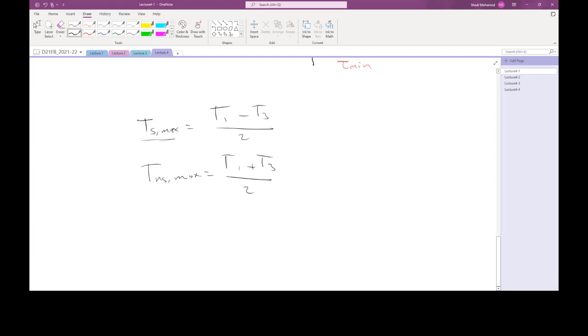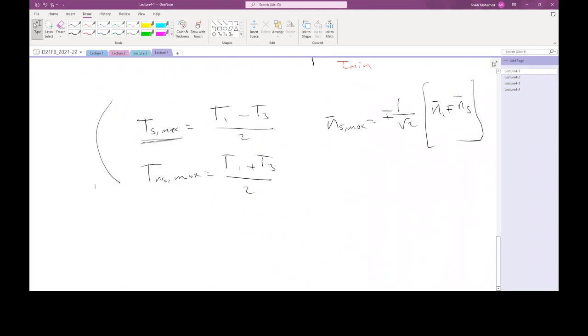And the normal direction, the plane where this is going to happen, is just going to be NS max is equal to plus minus 1 over square root of 2 multiplied by N1 added or subtracted from N3. Okay, so this would be then the first part of this example.